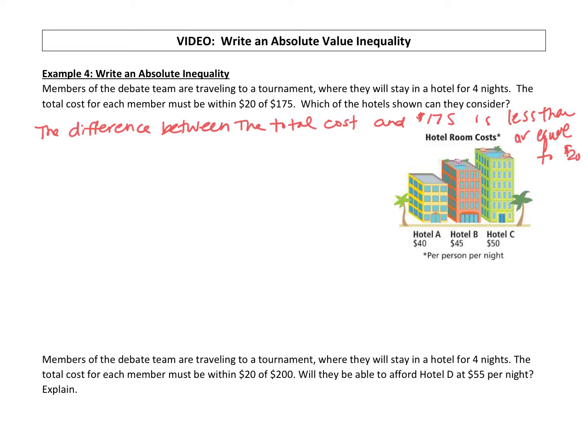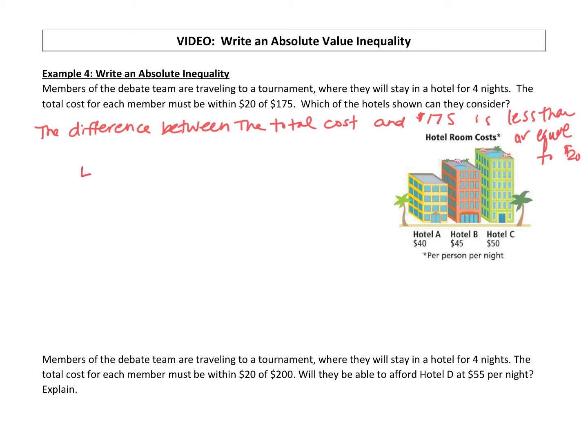So if we're saying that the total cost has to be within $20 of 175, so the difference between the total cost and 175, how close is it to 175? That difference has to be less than or equal to 20. So this is going to be set up as what we're paying each night.